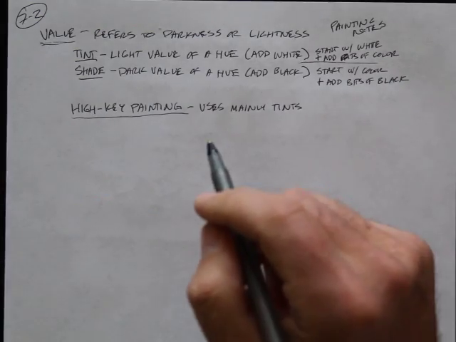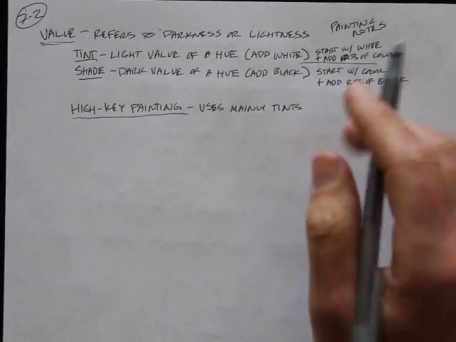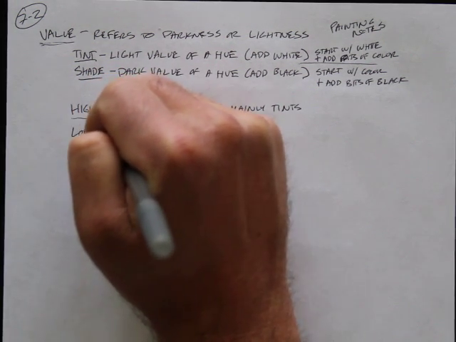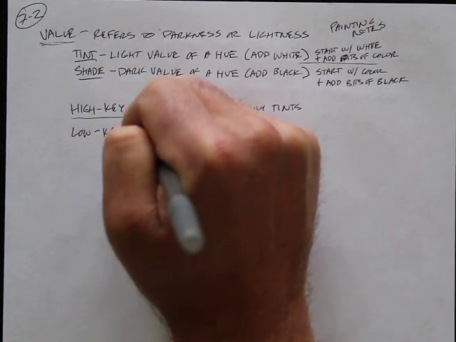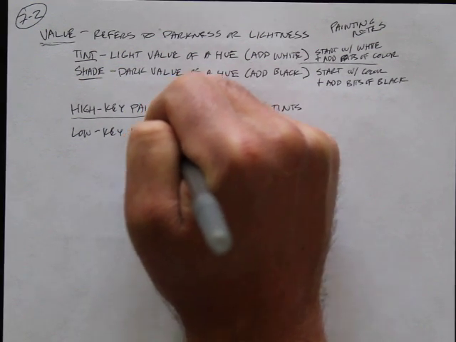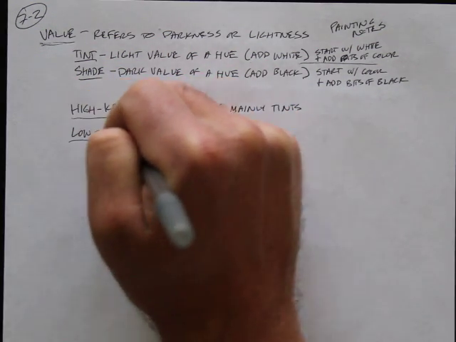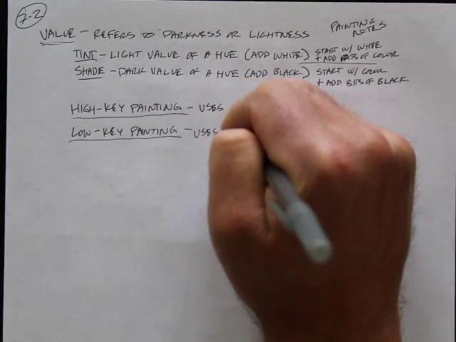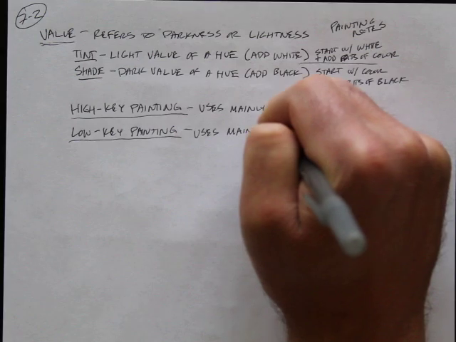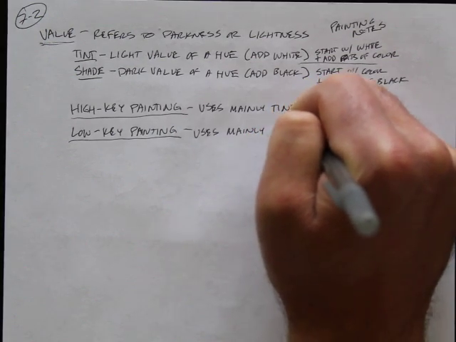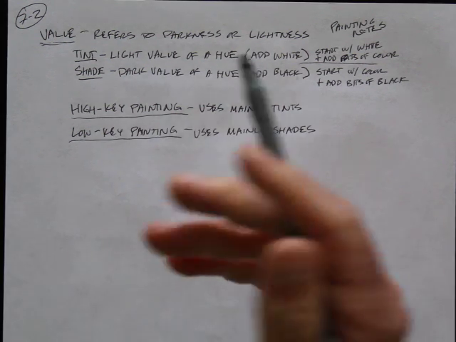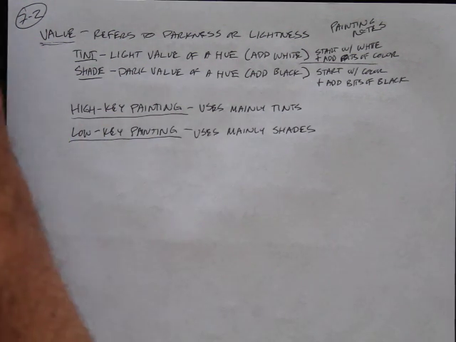And I have some in the book that we can look at in just a second. I want to write low key paintings first. A low key painting uses mainly shades. So if a painting uses mainly tints, you can expect it to be light. The value should be very light.